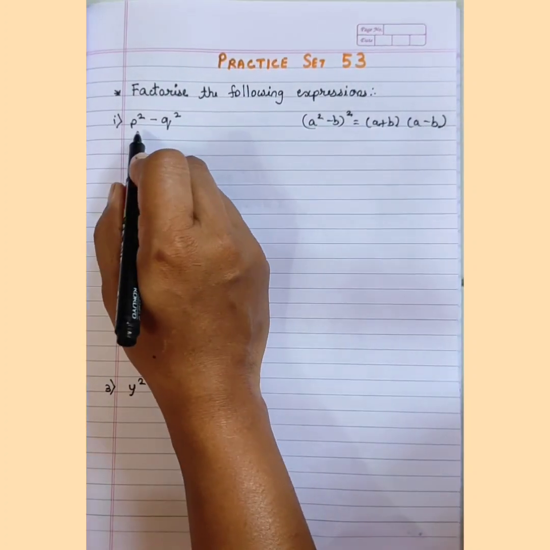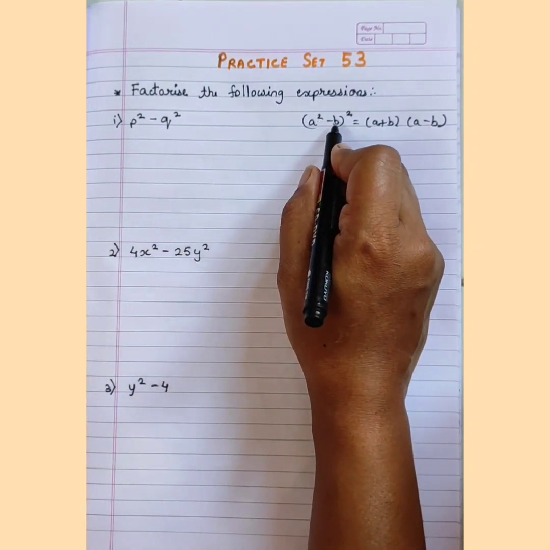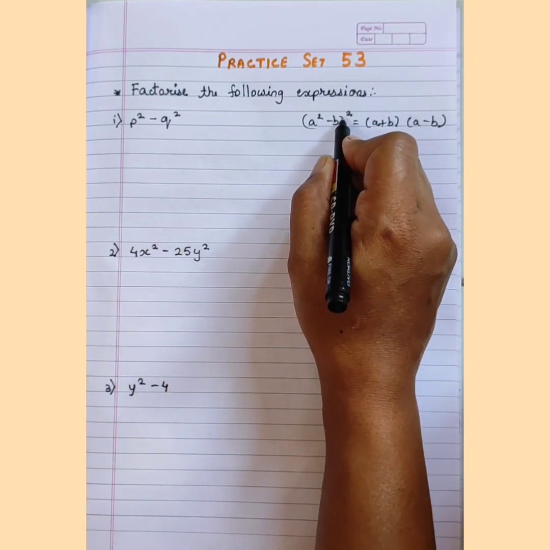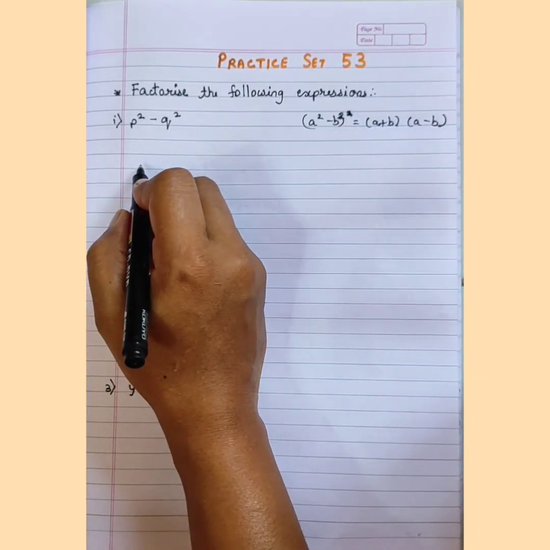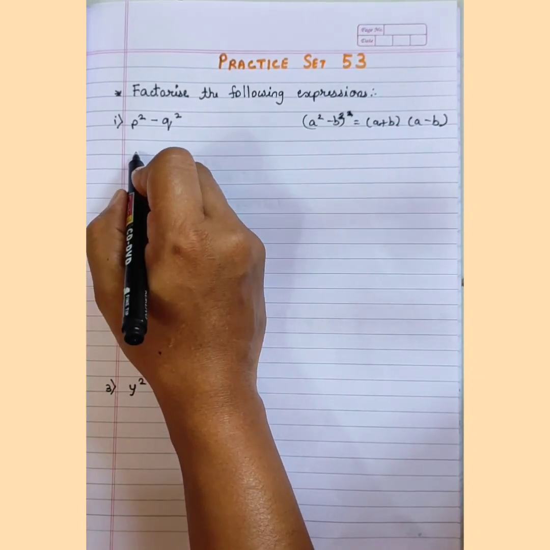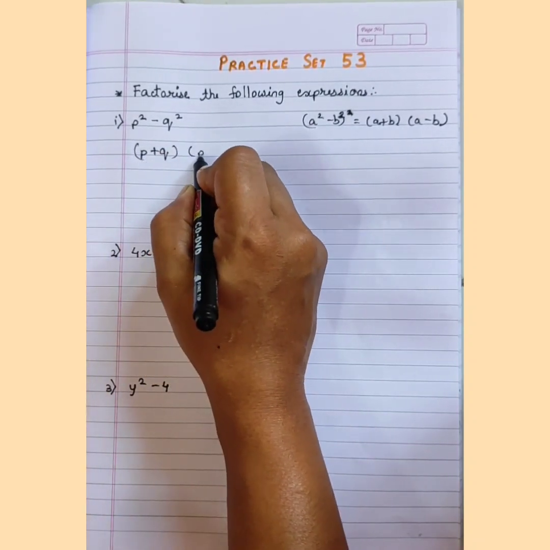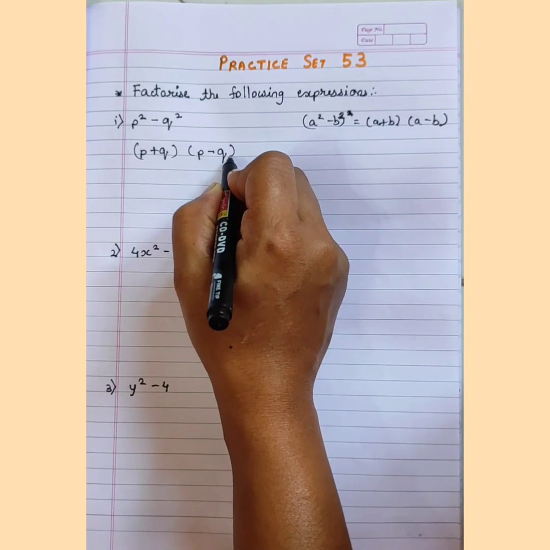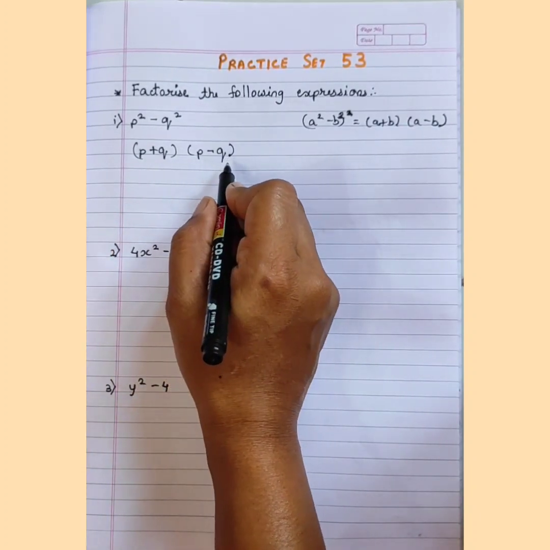So now p square minus q square is of the form a square minus b square. So we can write it as p plus q and p minus q, which is of the form a plus b, a minus b.